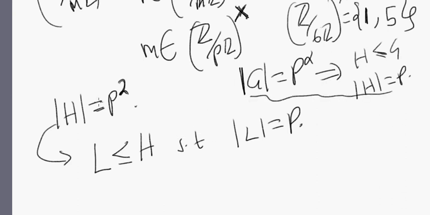So if order of H equals p squared, can't we say that there exists some subgroup L of H such that order of L equals p?